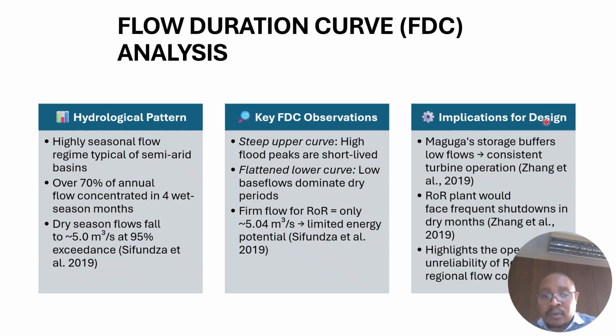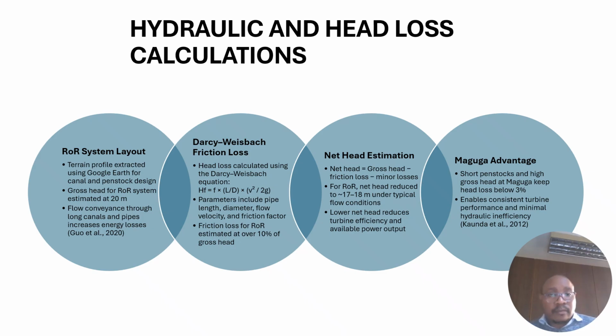Then on the implications for the designs, the Maguga storage buffers low flow for consistent turbine operations. And then the ROR plant would face frequent shutdowns in dry months. And lastly, it highlights the operational unreliability of the ROR under regional flow conditions.